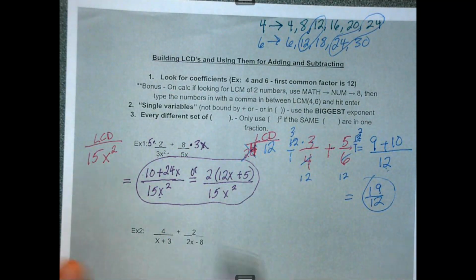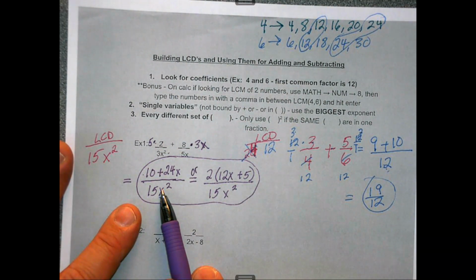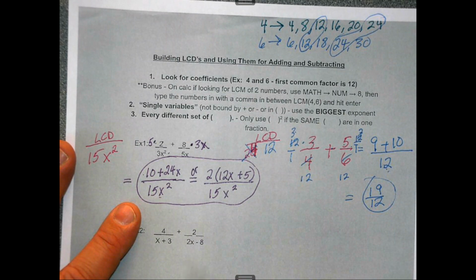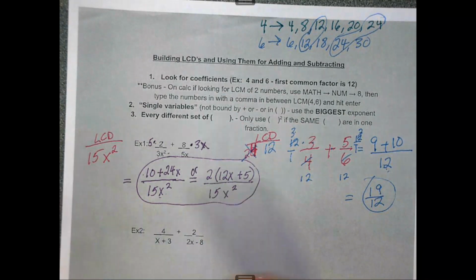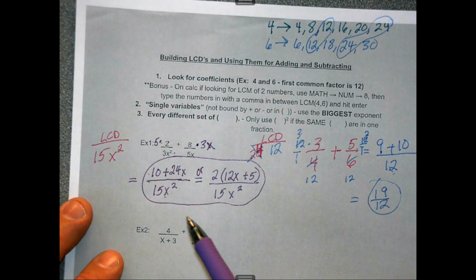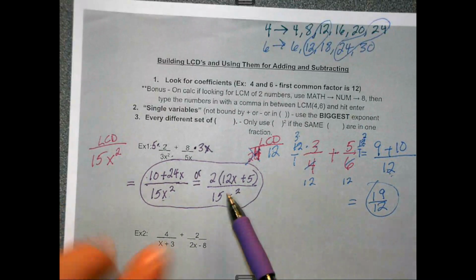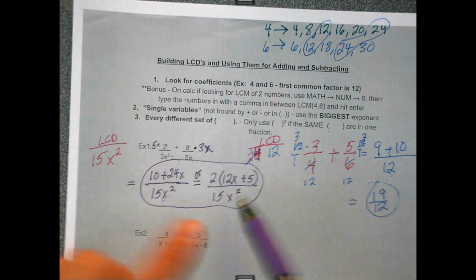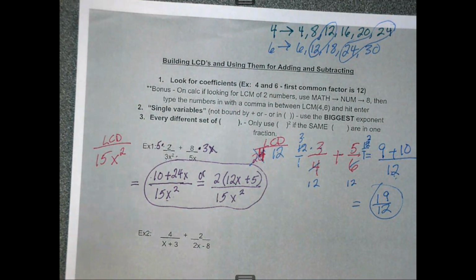Say on a quiz, you get to this point and you run out of time or something, and you leave it like this, you're good on this particular problem. But if you can simplify it and you don't, it's really not correct unless it's simplified. Okay.